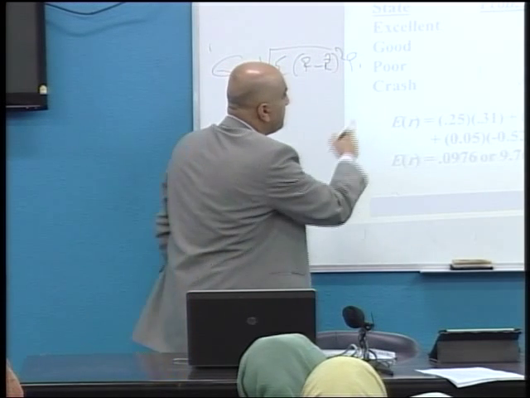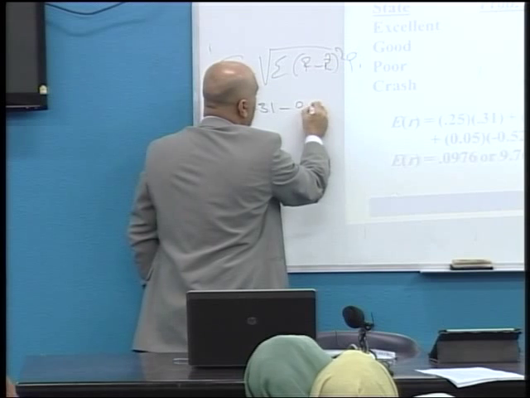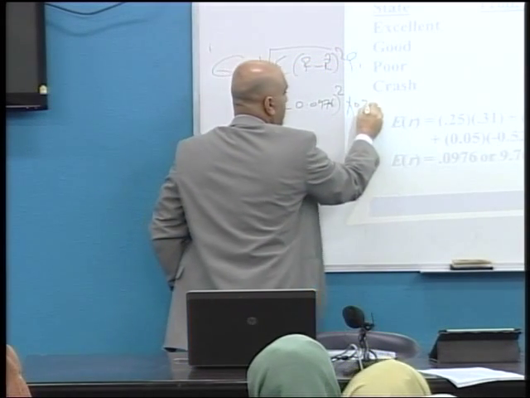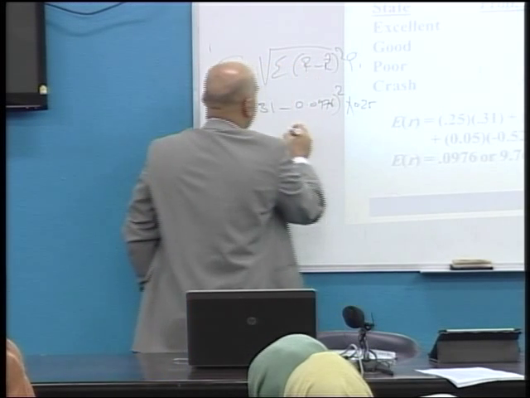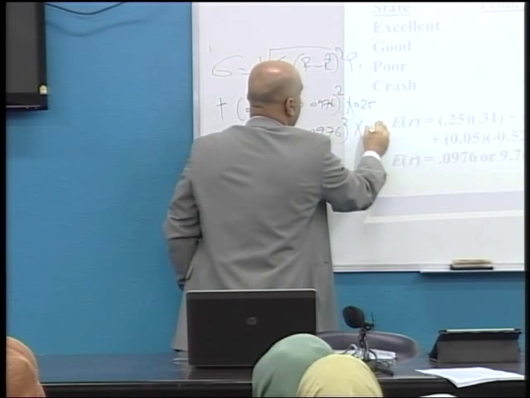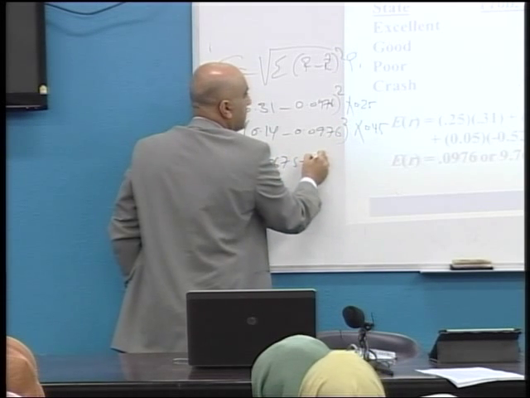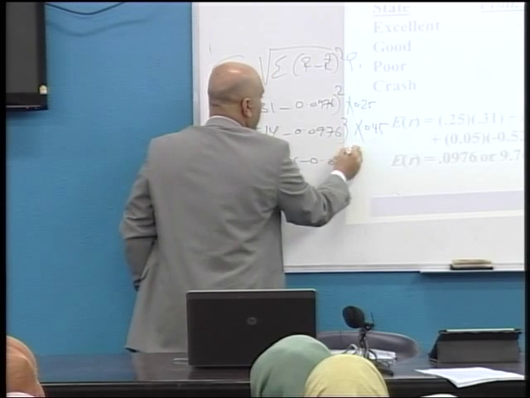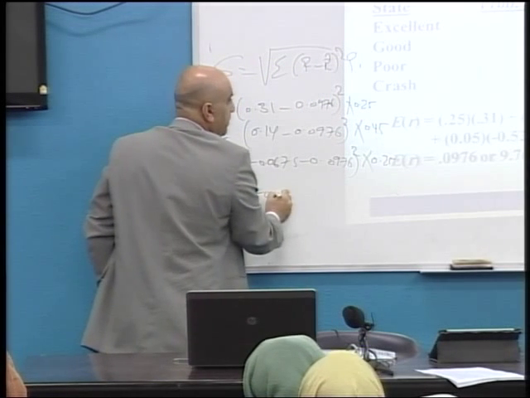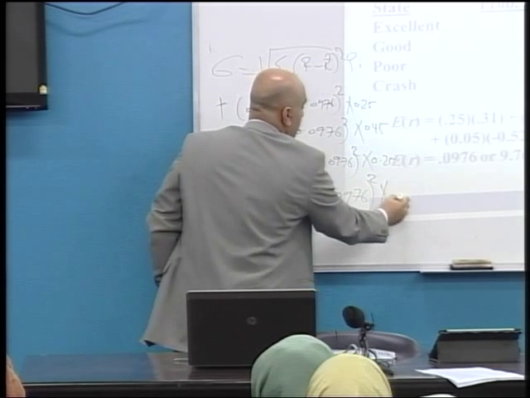In this case, (0.31 minus 0.0976) raised to the power 2 times 0.25, plus (0.14 minus 0.0976) raised to the power 2 times 0.45, plus (minus 0.06 minus 0.0976) raised to the power 2 times 0.25, plus the last one, (minus 0.52 minus 0.0976) raised to the power 2 times 0.05.